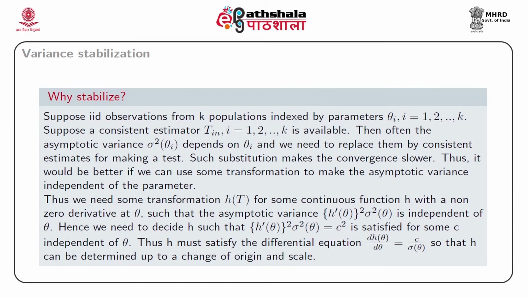Hence, we need to decide h in such a way that this asymptotic variance is a constant, that is, equal to c square for some c independent of theta. Thus, h must satisfy the differential equation that the first derivative of h at theta equals c divided by sigma theta, so that h can be determined up to a change of origin and scale.